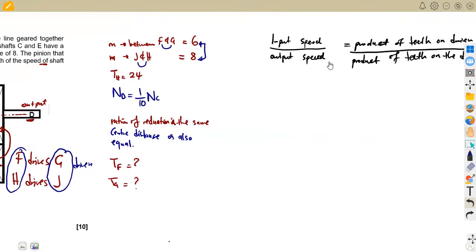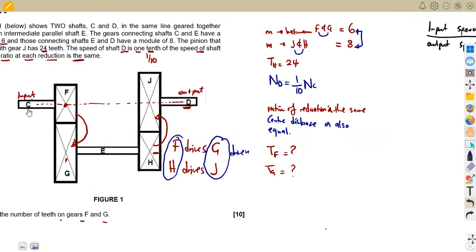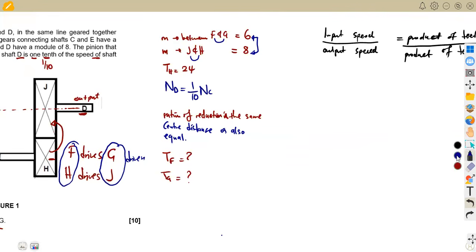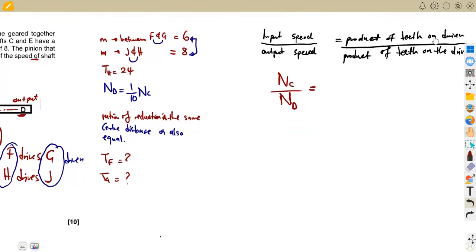We said the input is C and the output is D. So the input speed is NC over the output, which is at D, the speed of the shaft there at D. This is going to be equal to the product on driven, which are G and J. So we consider the teeth of G times the teeth of J, over the corresponding drivers: G corresponds to its driver F, so TF, times J corresponds to its driver H, so TH. That is the whole idea.